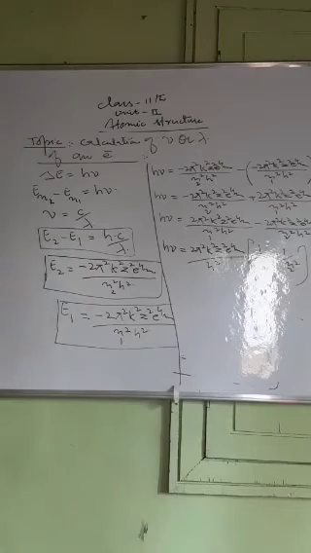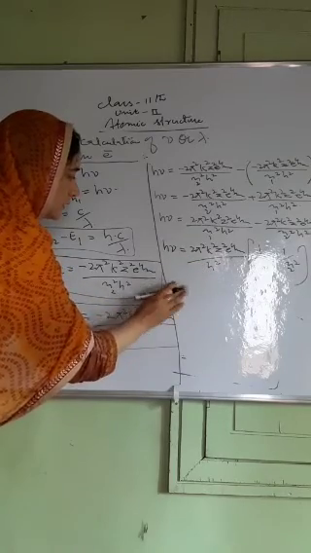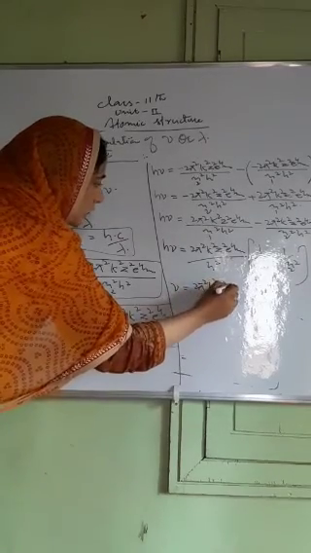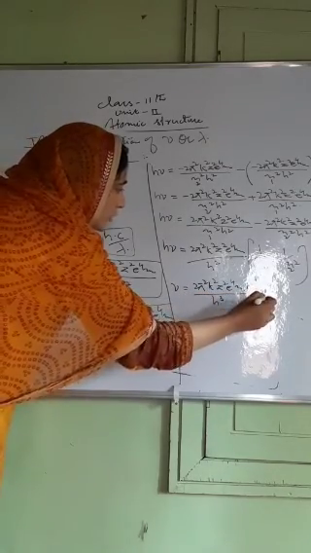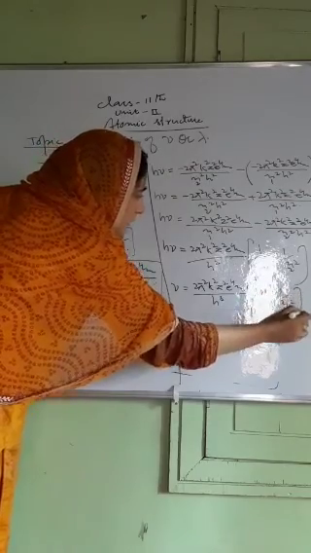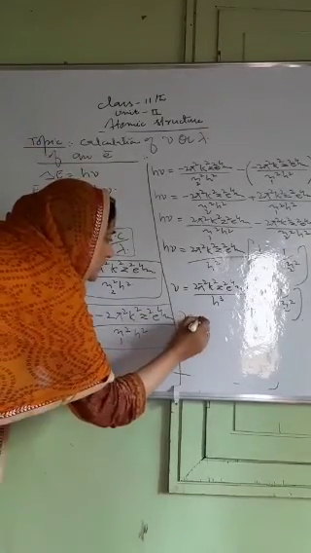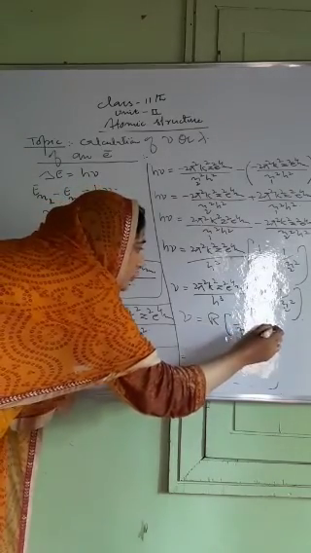Instead of these, we will write one constant. Or we can bring this h here also: nu is equal to 2 pi square k square z square e4m divided by h cube into 1 divided by n1 square minus 1 divided by n2 square. In this expression, 2 pi square k square z square e4m divided by h cube is constant, so instead of it we write one constant, that's r. So nu is equal to r into 1 divided by n1 square minus 1 divided by n2 square.